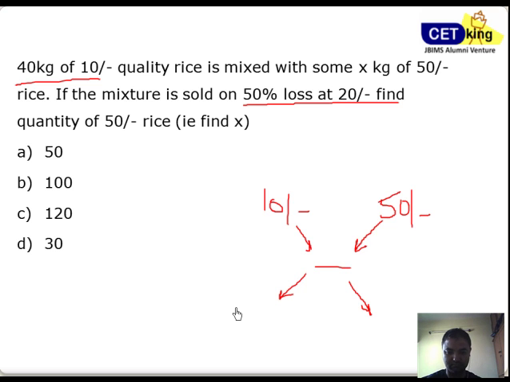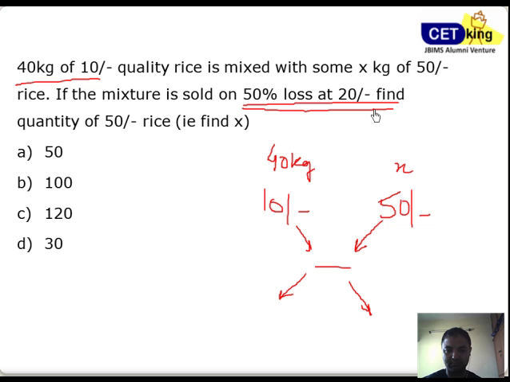Alright, so the only tricky part here is that the 10 rupees rice is 40 kg. So we have to find this x kg rice which is sold at 50 rupees. They are mixed in a way such that the overall is sold at 50% loss at 20 rupees. But after the 50% reduction, what is left is 20.